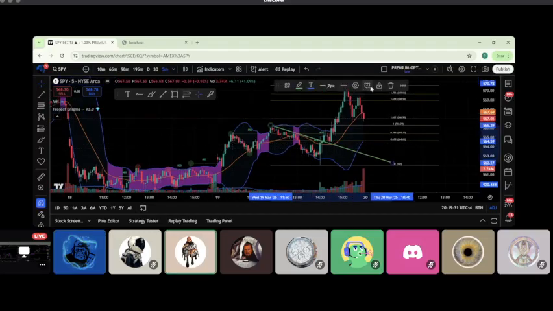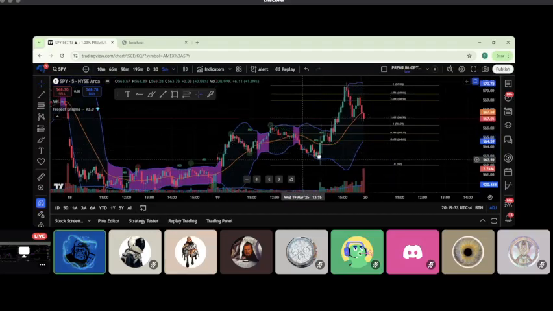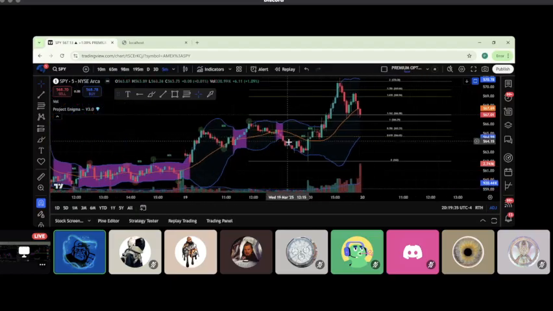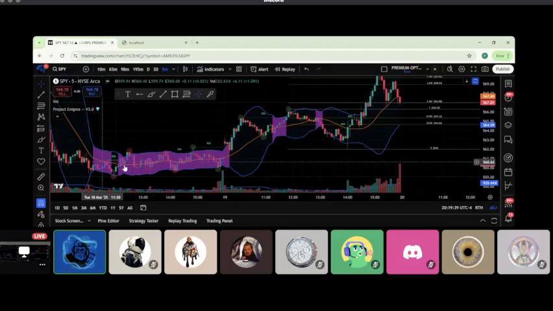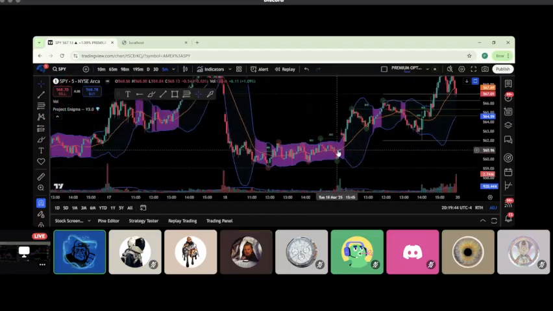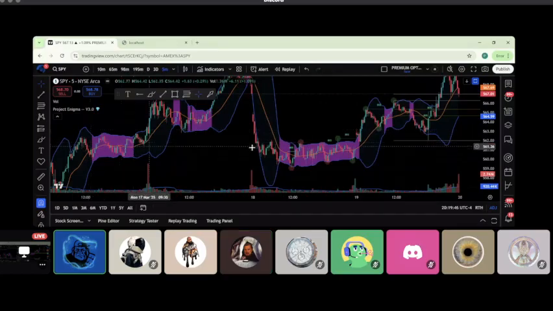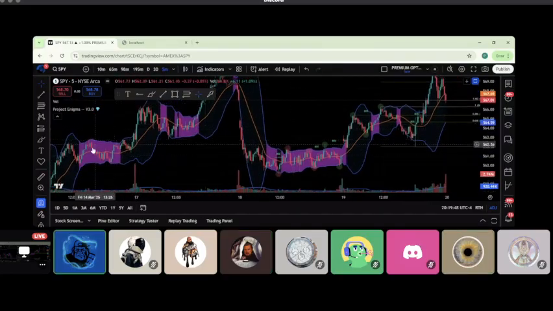Why I'm saying that is because you can see how the length of the purple changes as we go along. There are multiple different sizes here. So you don't want to be buying and sitting in this and just waiting and getting destroyed by theta. And the squeeze doesn't technically release until the one candle outside.